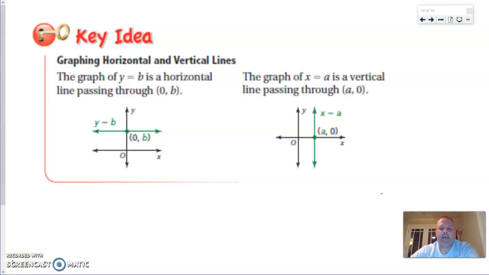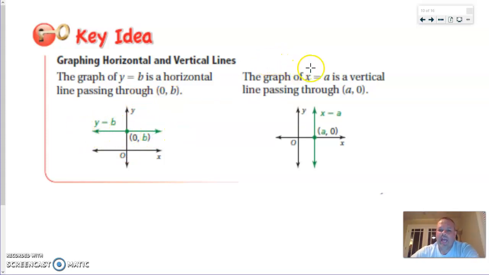Our second key idea in lesson 13.1 is graphing horizontal and vertical lines. The graph of y equals b is a horizontal line passing through (0, b), so whatever number this is, that's a line at y equals 3.